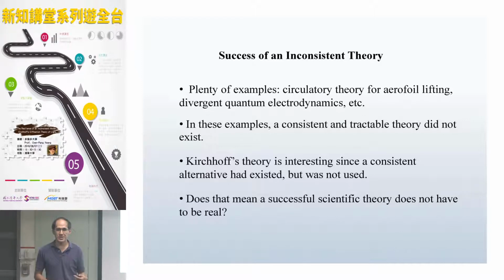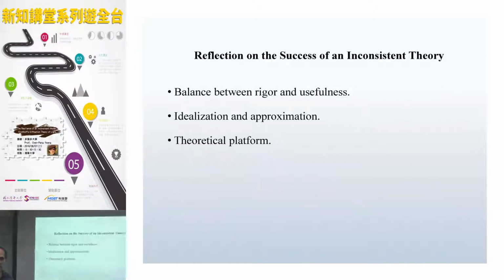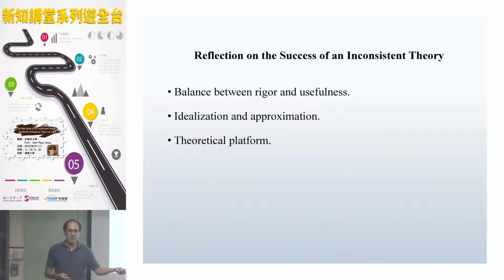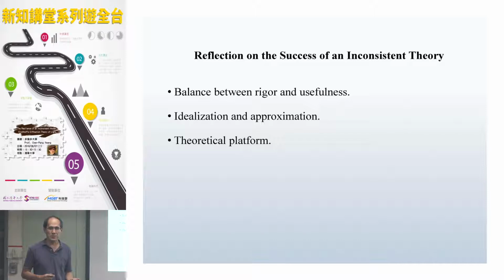So this is a more or less philosophical question. At the end of the story, I would like to present my reading of this episode, my interpretation, which may address that question. But what I want to raise your attention to is that this story may give us some opportunity to reflect on the success of an inconsistency.